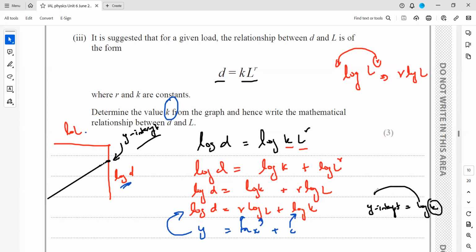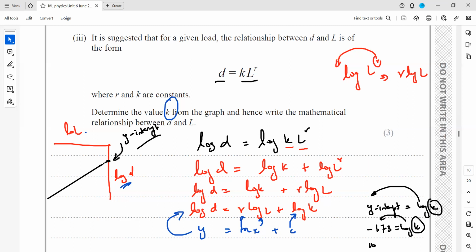You need K, so you will take the anti-log. When you take the anti-log, you will get the value for K. How to take the anti-log? Say this value was any number, for example, minus 1.73 was the y-intercept, and this is log K. You need K, so take the anti-log.